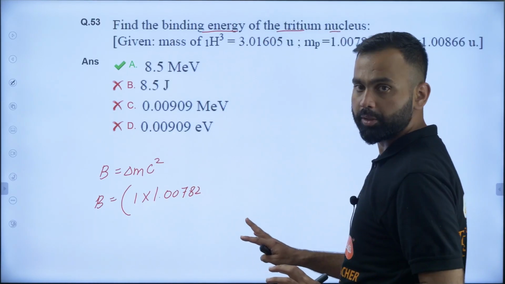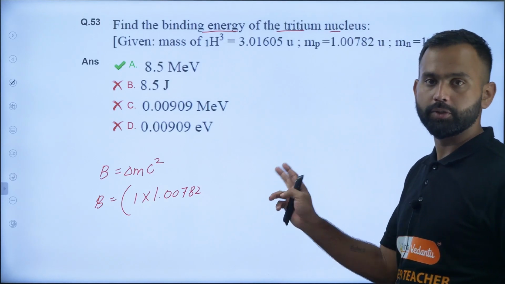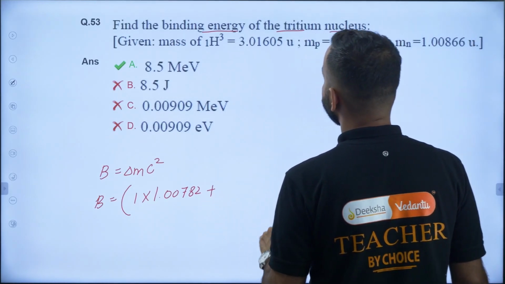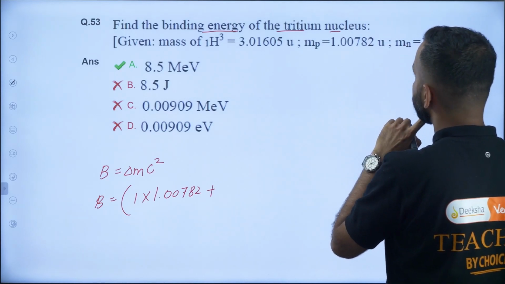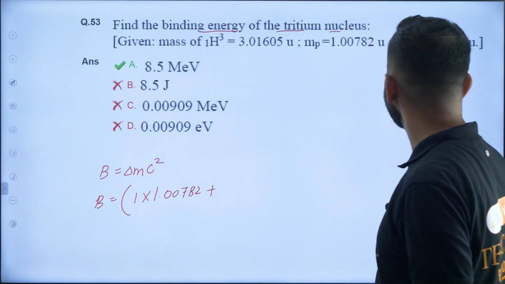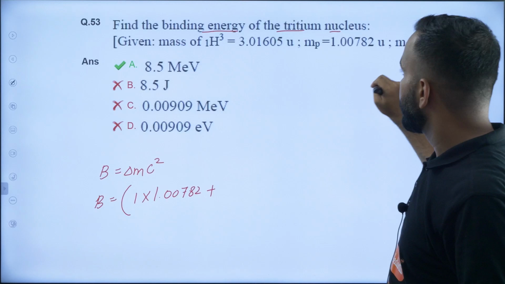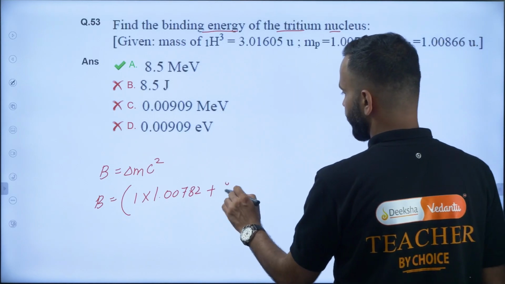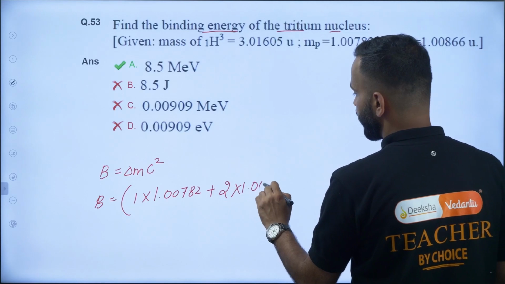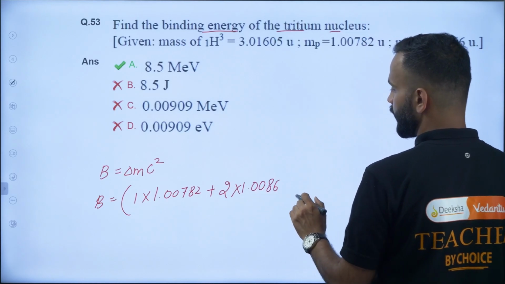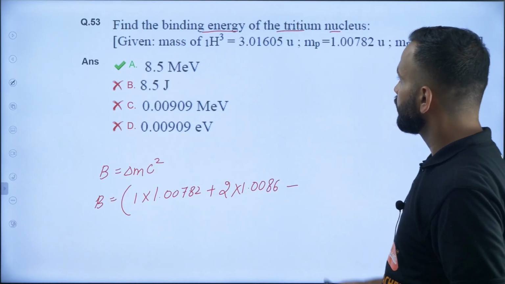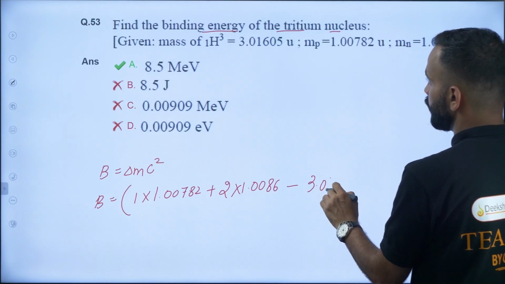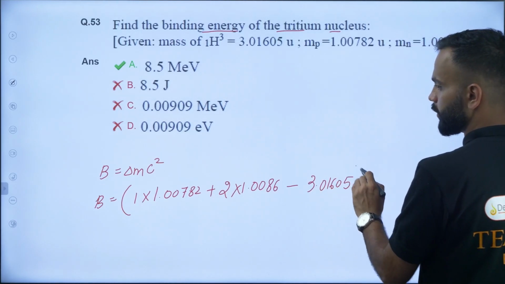I won't write atomic mass unit, because atomic mass unit into C square is 931 mega electron volt. So plus, here the number of neutrons is 3 minus 1, which is 2. So 2 into 1.00866 atomic mass unit minus the mass of the tritium, that is 3.01605 atomic mass unit.